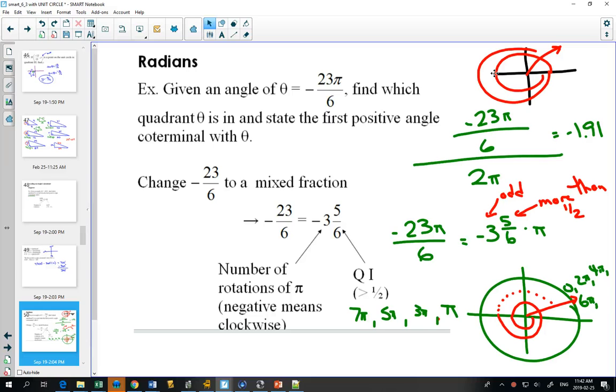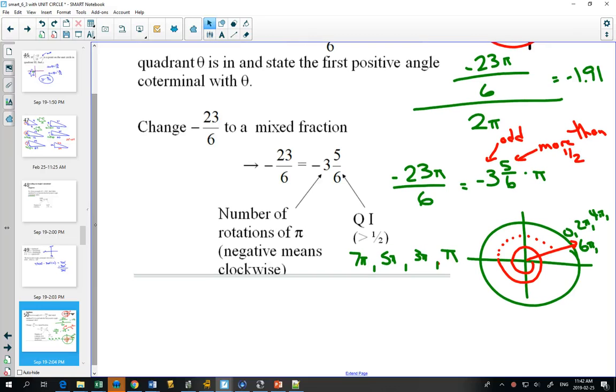What are my coordinates for pi over 6 in quadrant 1? Is the x-coordinate or the y-coordinate going to be a half? The y-coordinate's a half. That means my x-coordinate is root 3 over 2.